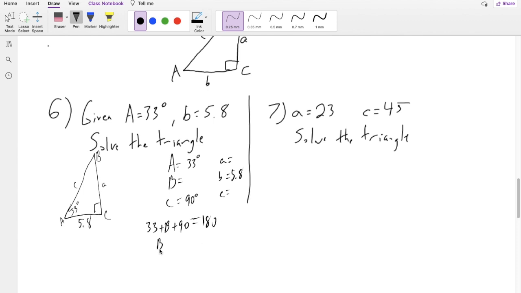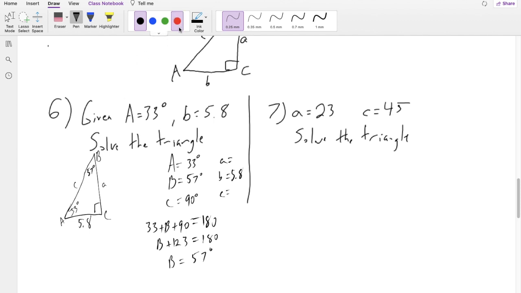That means B plus 123 equals 180. So subtract that over. B equals 57 degrees.